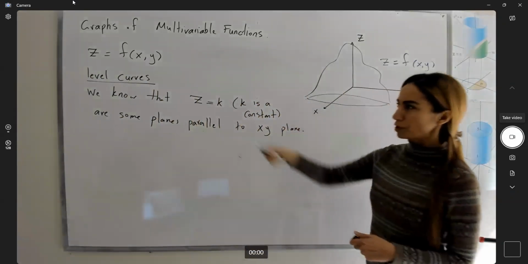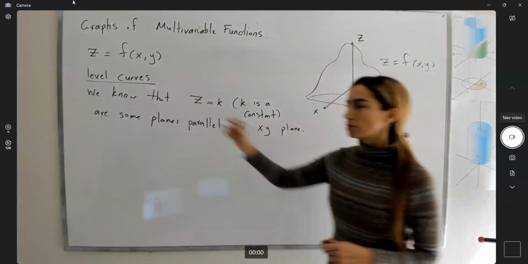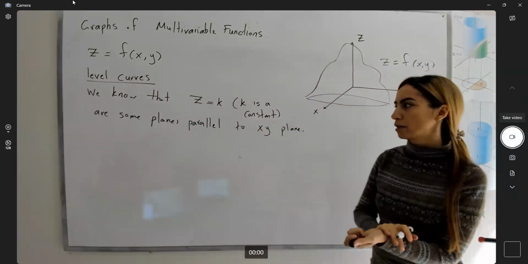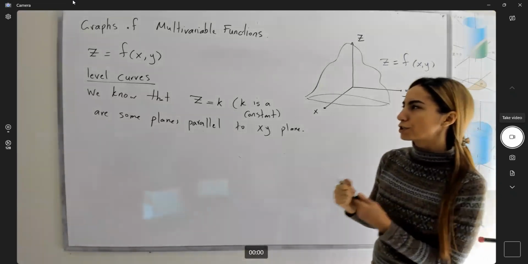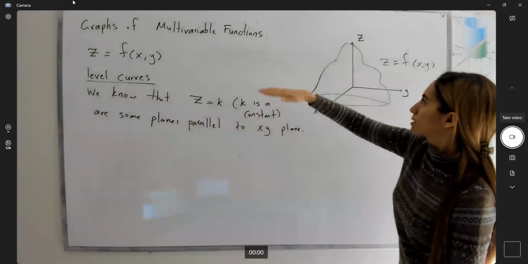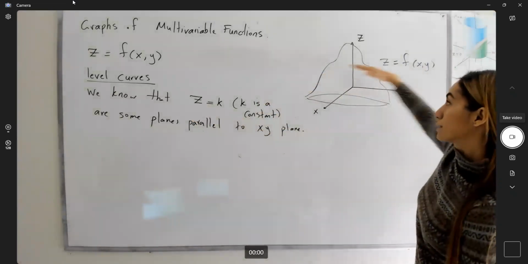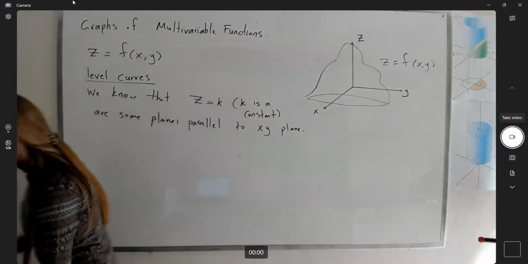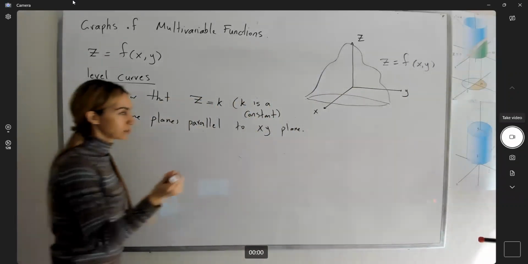So when we're talking about level curves, these are curves in two-dimensional space. What are we going to do? We're going to take different planes and slice this surface with those planes. Okay, what do you mean by that? Take a look at this.